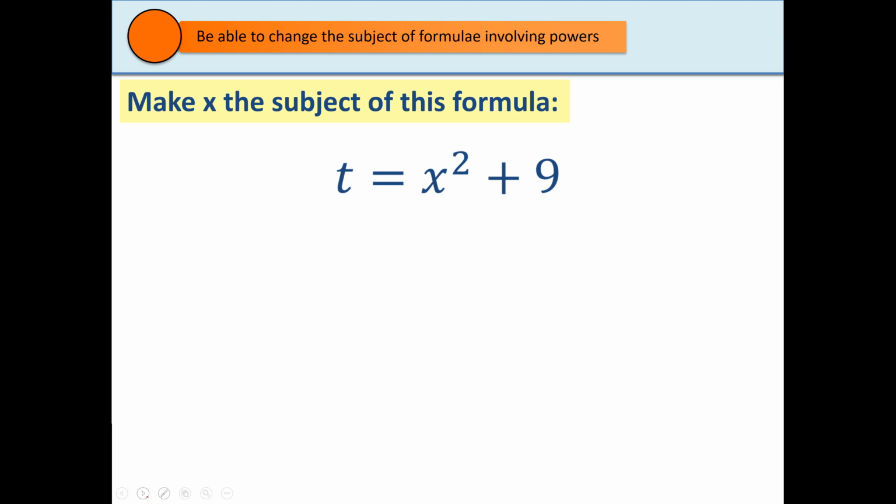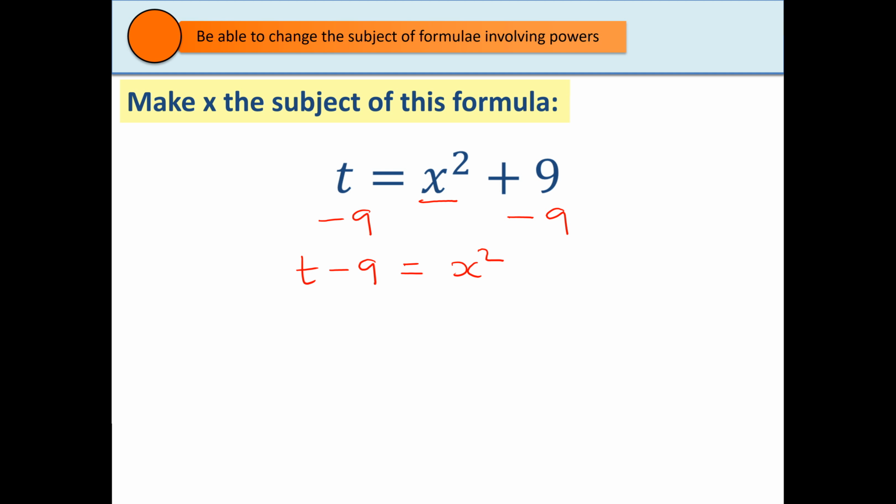Next example, slightly different. We have a squared x now, so making x the subject, t is equal to x squared plus 9. So like I said, just like before, get rid of the number that is on its own, minus 9 from both sides, so that gives us t minus 9 is equal to x squared. Now square root both sides to get rid of the square.